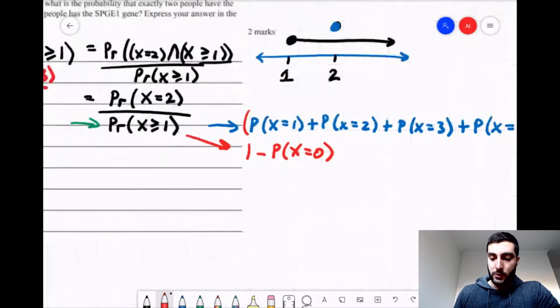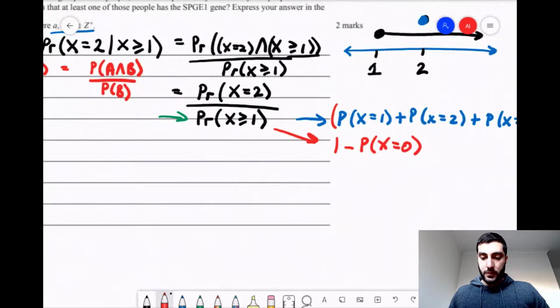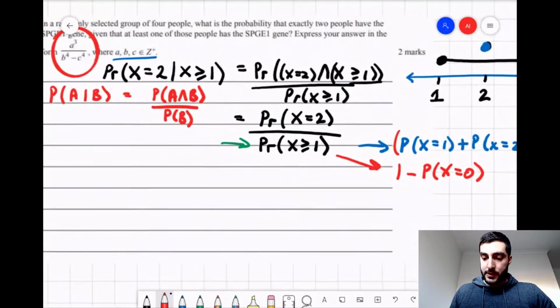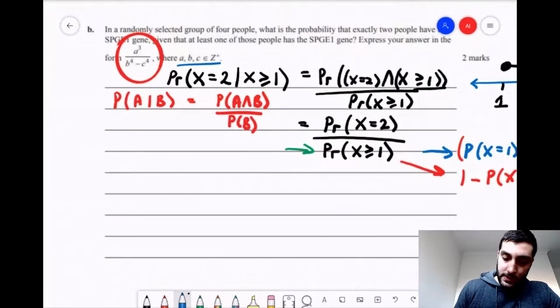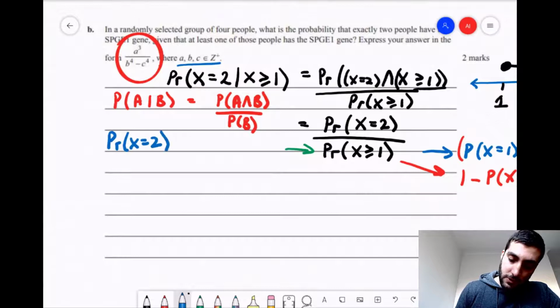So that's all we're doing. What you might also notice, now we've got it in this form, and I will write it out again for neatness: the probability x is equal to 2 over 1 minus the probability x is equal to 0. That's what we're up to.